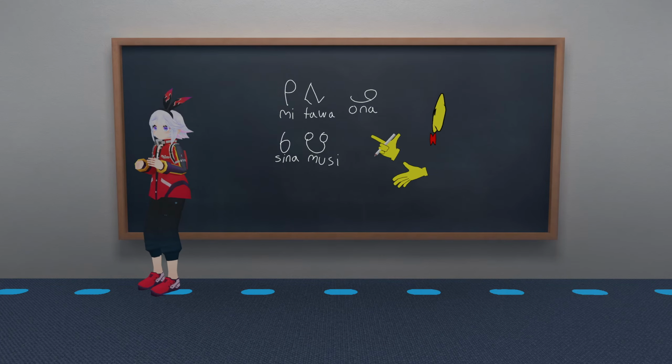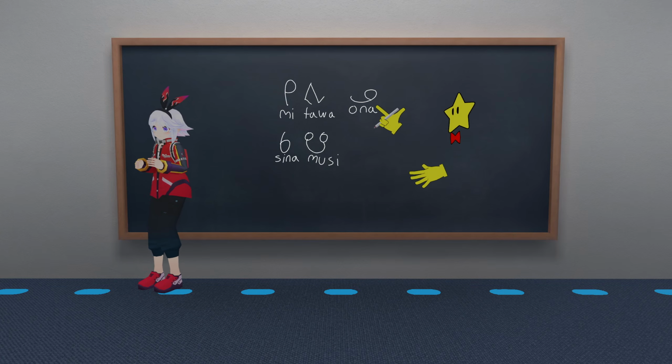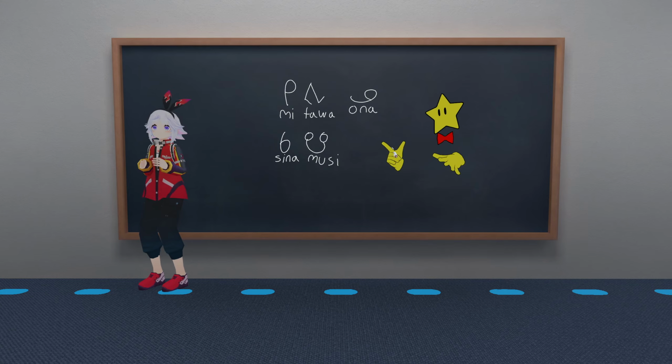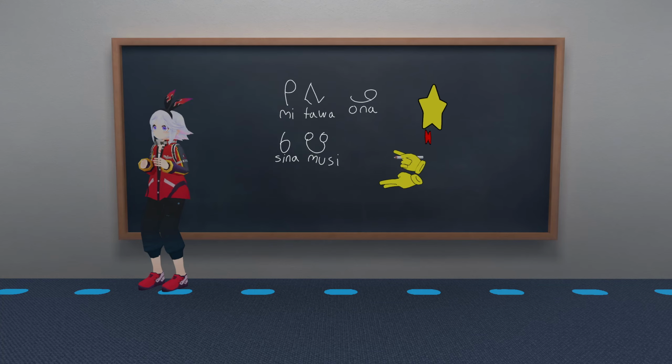And so it makes sense that the pronouns literally point out that thing. And like I said, ona is a third-person pronoun. So it can be he, she, it, they. And of course, it can also be plural.